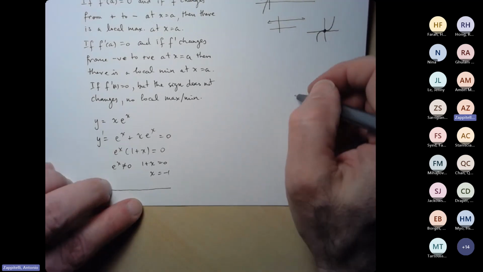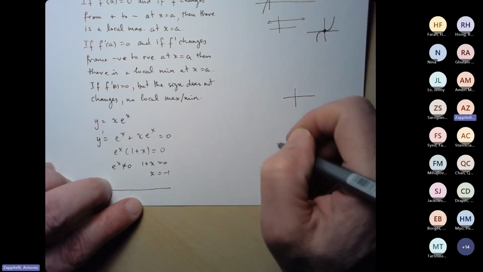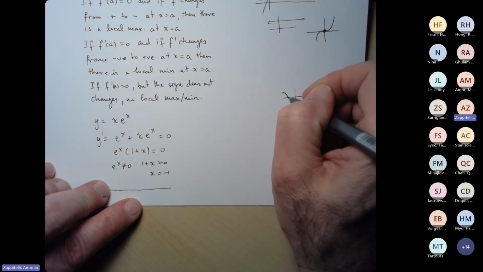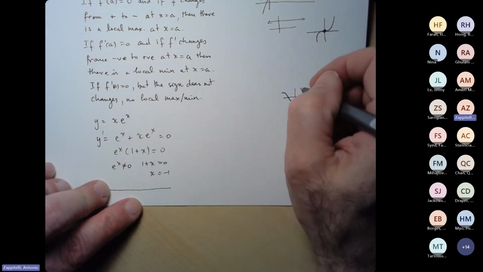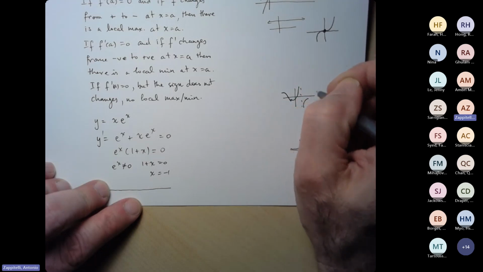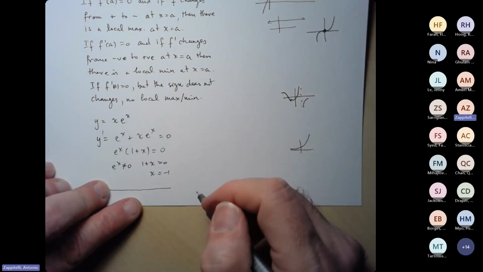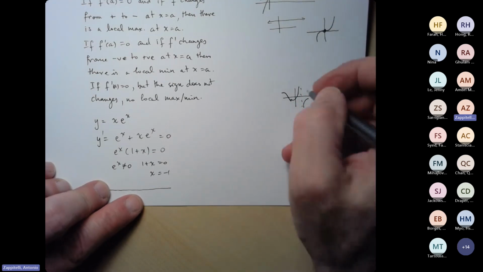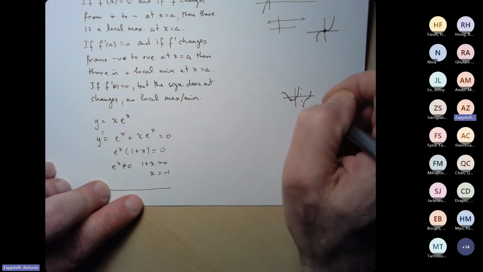Let's think about where a function can change sign. It can change sign at an x-intercept. It can change sign at a vertical asymptote. I don't have any vertical asymptotes. That's really the only places it can change sign. There you go, it changes sign there at a 0.